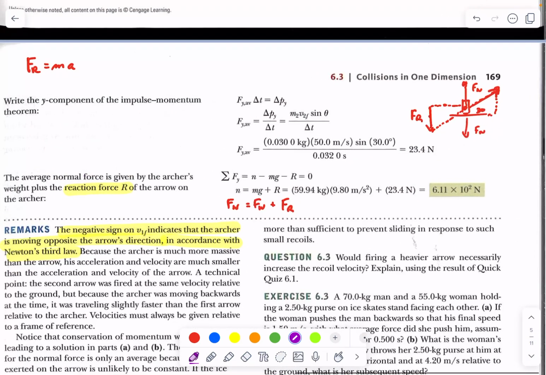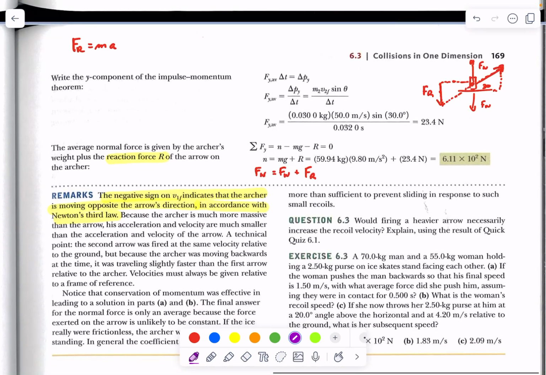And finally then, we can find the force. Now here we're going to have to keep in mind that when we do our vector diagrams, the normal force, which we're asked to find, is F sub n, perpendicular to the surface upwards. And we have our force of weight acting down, but we also have the downward component.